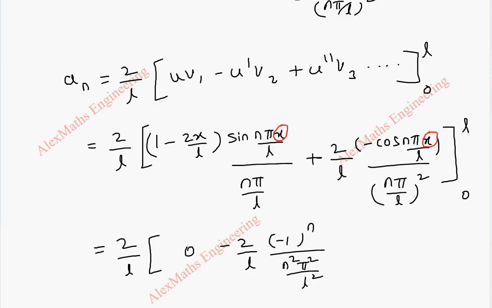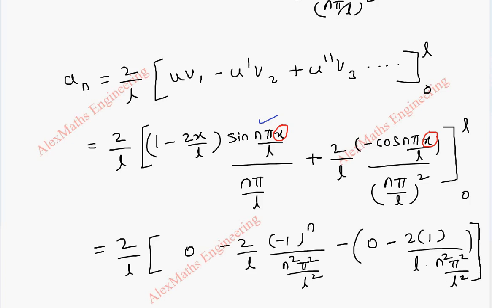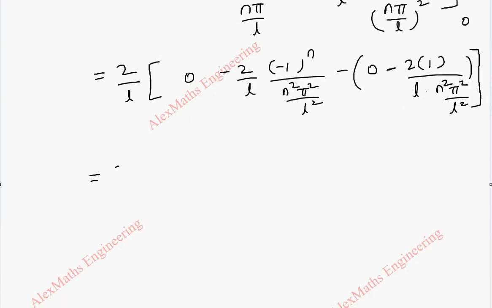When I put the lower limit 0, since this is a sine term, this will become 0. So minus of 0, and when I put 0 here, it will become 1, and there is a minus sign. So minus 2 into 1 by L into n square pi square by L square. Now finally, we have to simplify this further. 2 by L.